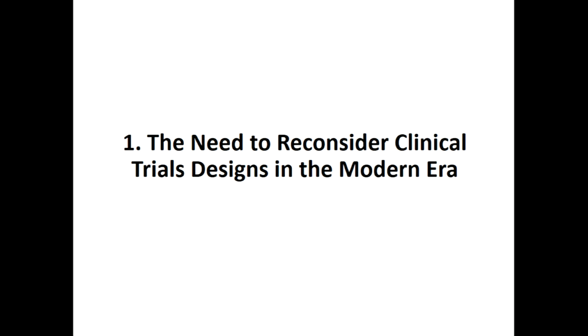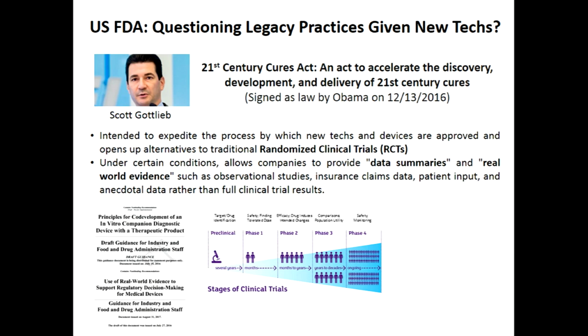So, the need to reconsider clinical trial designs in the modern era. We all know that there are some pretty severe and dramatic changes that have occurred at the FDA in the last little while. Most of those have been based on new legislation. For example, the 21st Century Cures Act, introduced by Obama at the tail end of his tenure in the White House.